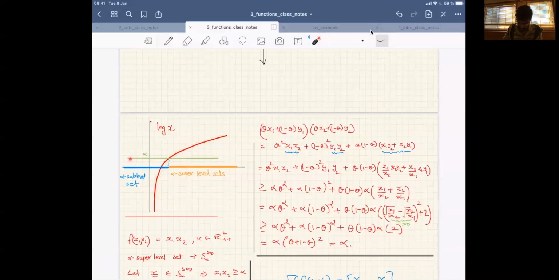If you consider alpha, what will be the sub level set? It will be this blue one. What will be the super level set? This one. So both are convex. If you pick any alpha, you get the sub and super level sets to be convex. So log x is a quasi-linear function.